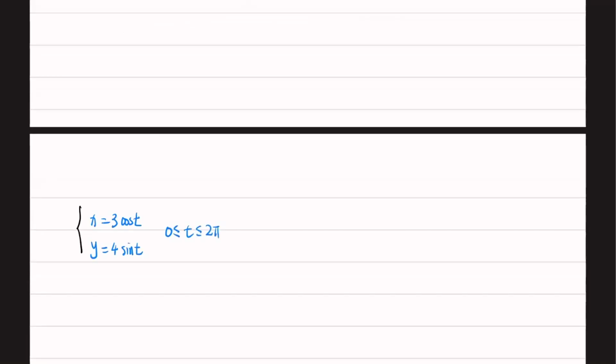Okay, first, what's the curve for this parametric equation? What's the shape of the curve? For this one, if we divide x by 3, we get cosine t. We divide y by 4, we get sine t.